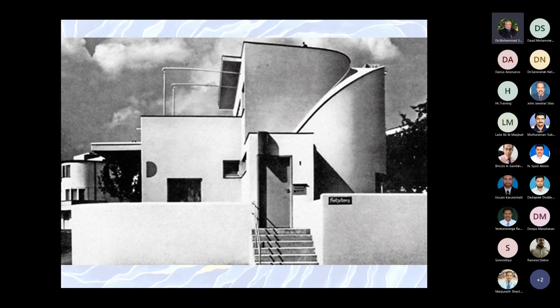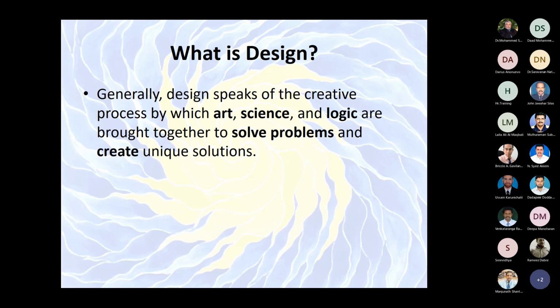These are some examples of the buildings or architecture that reflect what we said before.